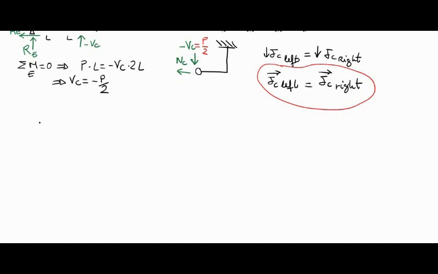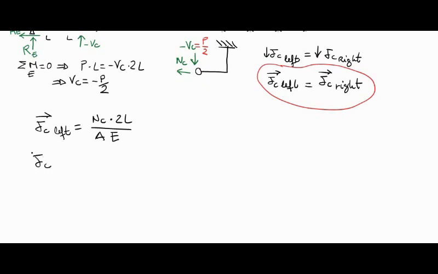Okay, so I can calculate the deflection of C on the left side. That is equal to the effect of the axial load N sub C, that is the lengthening of this bar, N sub C times 2L divided by the cross-sectional area and the Young modulus.